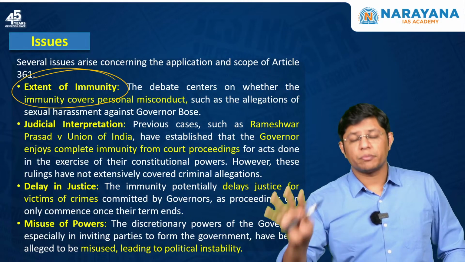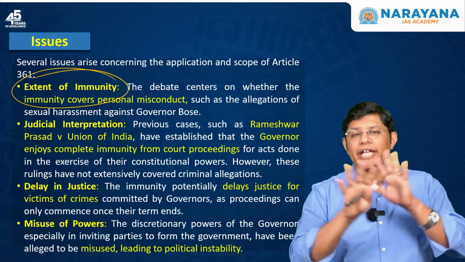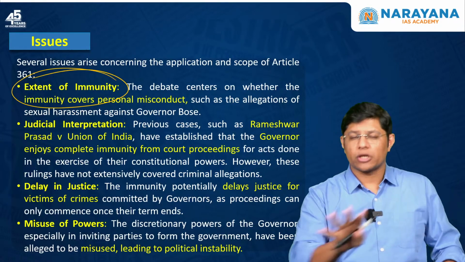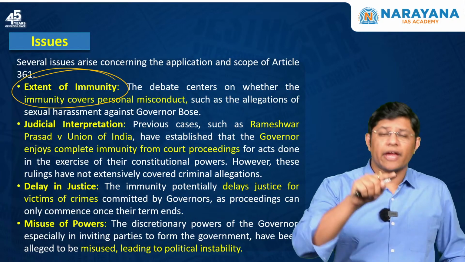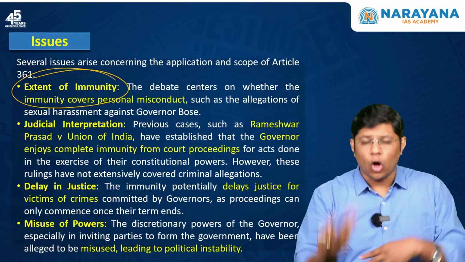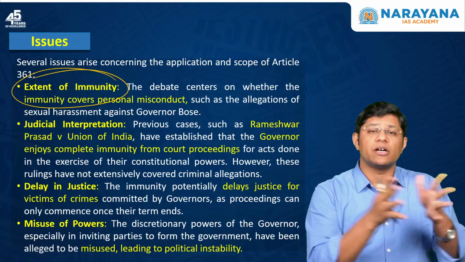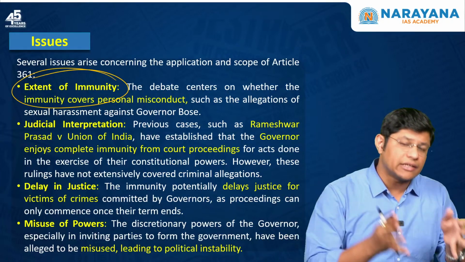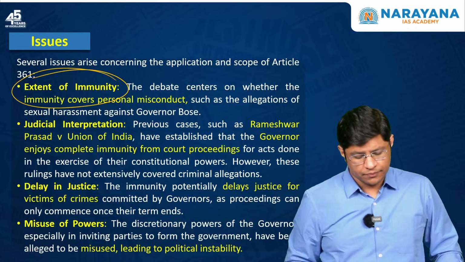This is what the Supreme Court is interpreting. As of now, blanket immunity is given to a president or governors. But if in their personal capacity they are behaving wrongly, will this provision apply to a president or governor? That is what the Supreme Court is interpreting, like in the current example of the West Bengal governor.